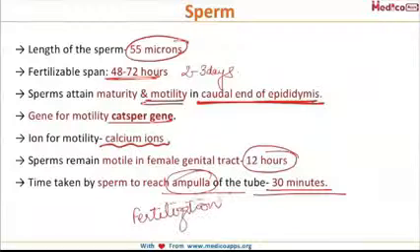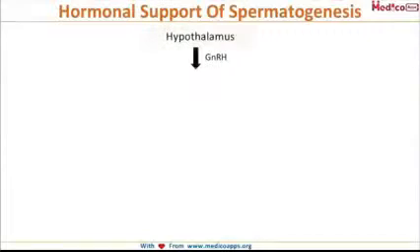Now we'll discuss the hormones supporting spermatogenesis. As in our body, the trigger for all the hormonal mechanisms starts from the hypothalamus, so it's the same here also. The hypothalamus is triggered and it leads to the release of GnRH, the gonadotropin releasing hormone, from the arcuate nucleus of the hypothalamus in a pulsatile fashion.